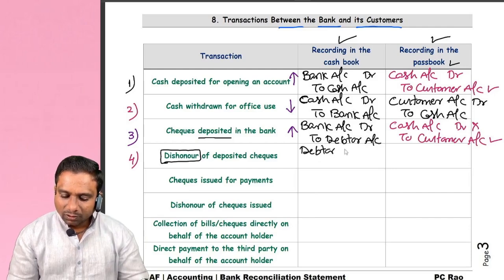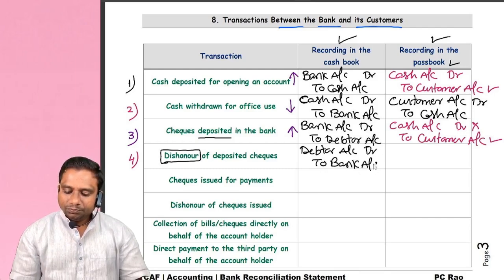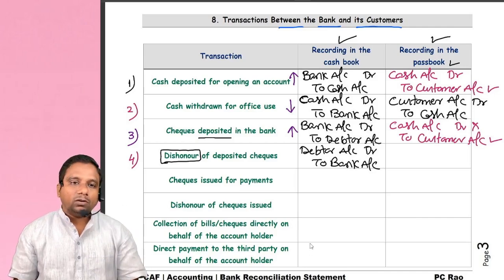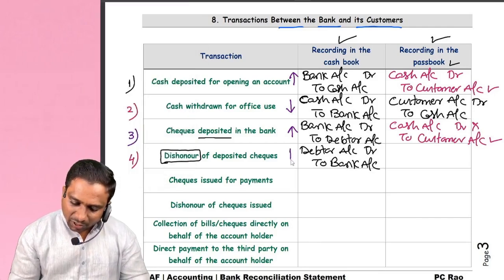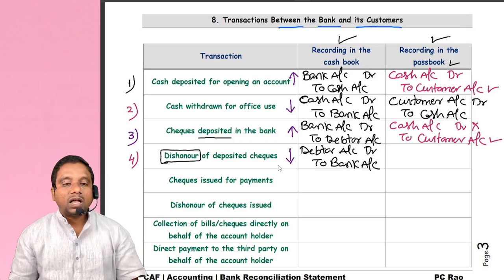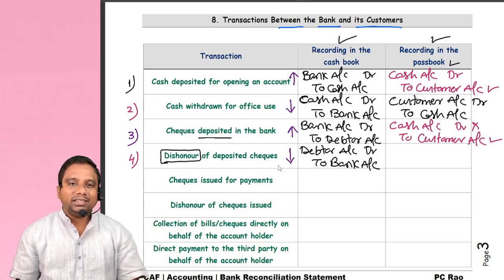Observe carefully. Now what is the entry we record? Debtor account debit to bank account. Clear? Now tell me, in this case our bank balance gets decreased. Actually, the original balance is not decreased. Our on-record balance decreased.